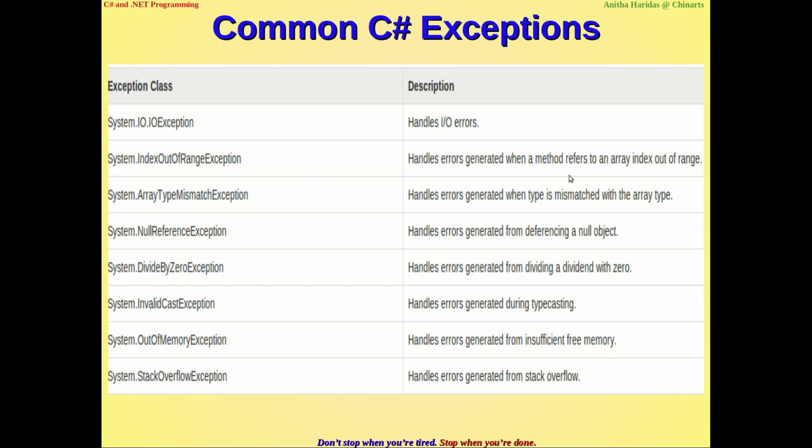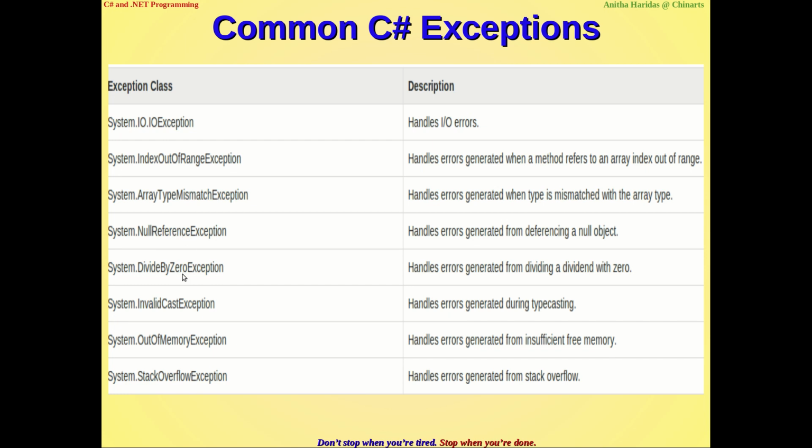If you have an array index out of range error, then it is called IndexOutOfRangeException. If you have any type mismatch, then it is called ArrayTypeMismatchException. And if you try to refer to a null object, then it is called NullReferenceException.